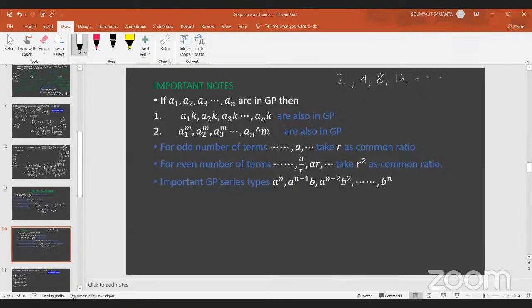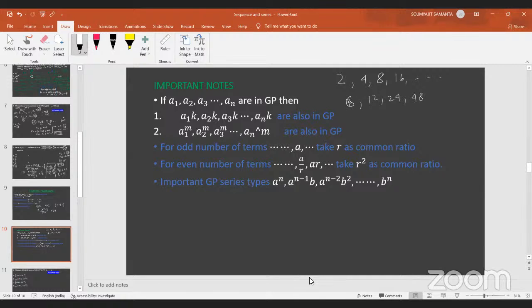Now take any constant term, like say I am taking the constant term as 3. So 2 into 3 will become 6, 4 into 3 will become 12, 8 into 3 will become 24, and 16 into 3 will become 48.